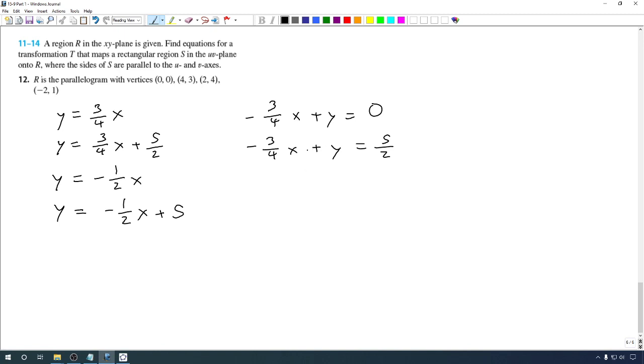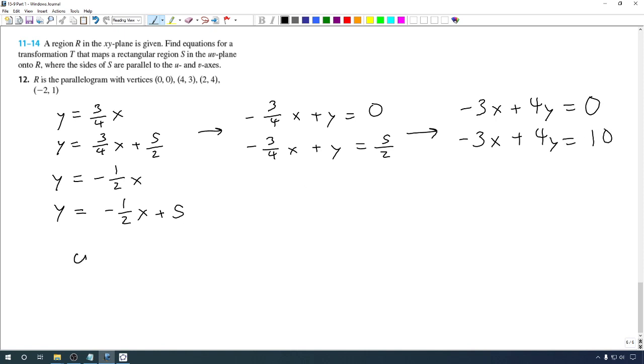Well, in order to not deal with fractions, I'm going to change this a little bit. I'm going to multiply both sides by 4. That's going to change this first equation to negative 3x plus 4y equals 0. And the second equation is giving me negative 3x plus 4y is equal to 10.